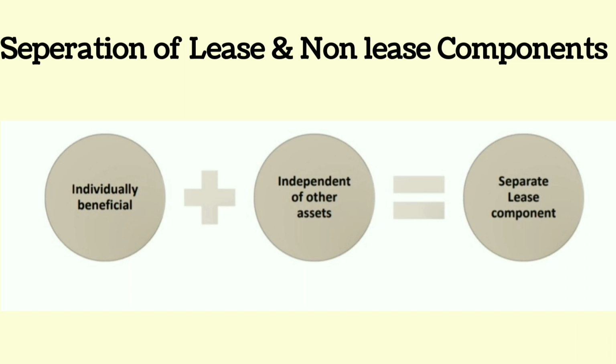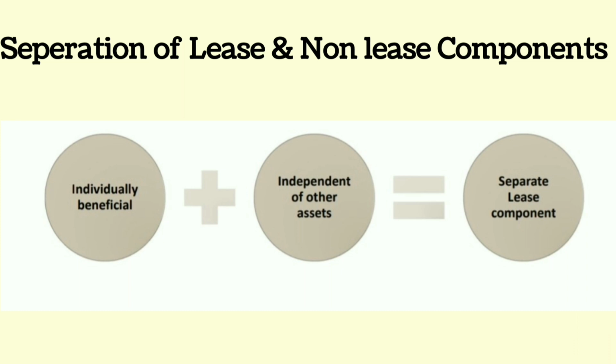The first one, the lessee can benefit from the use of the asset either on its own or together with other resources which are readily available to the lessee. And the second one, the underlying asset is highly independent. If both of these conditions are satisfied, we can say that there are separate lease components. And if any one of the conditions is missing, then we can't account for them as separate lease components.